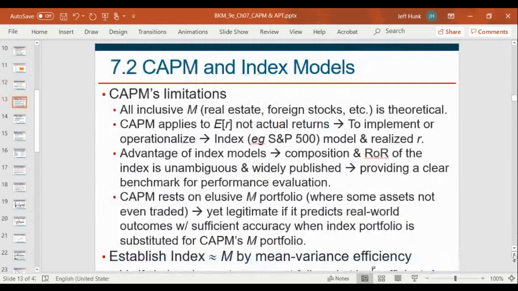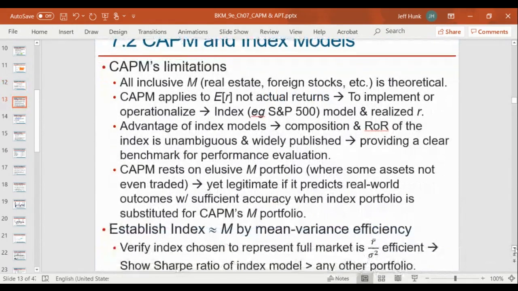Now, however, CAPM has limitations, and what are CAPM's limitations? First of all, CAPM uses the market portfolio. But what is a market?